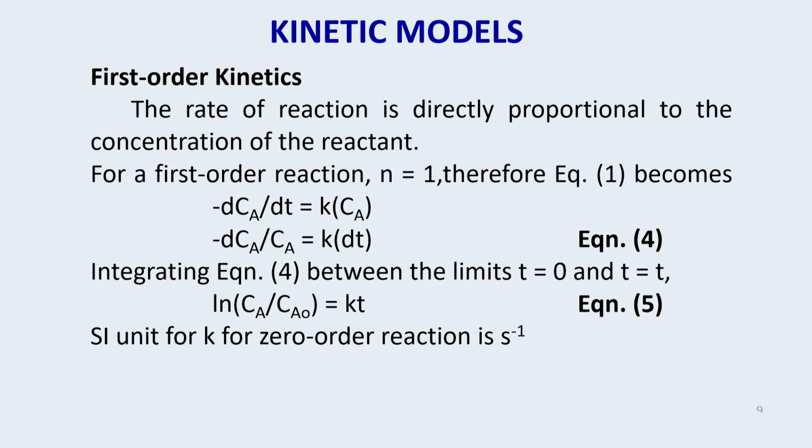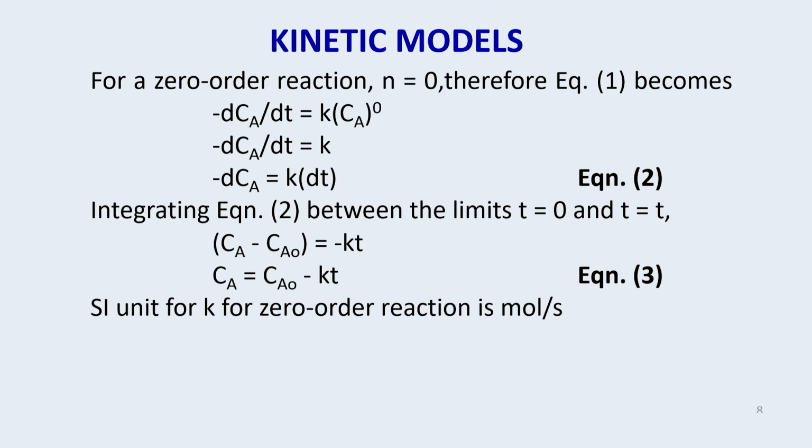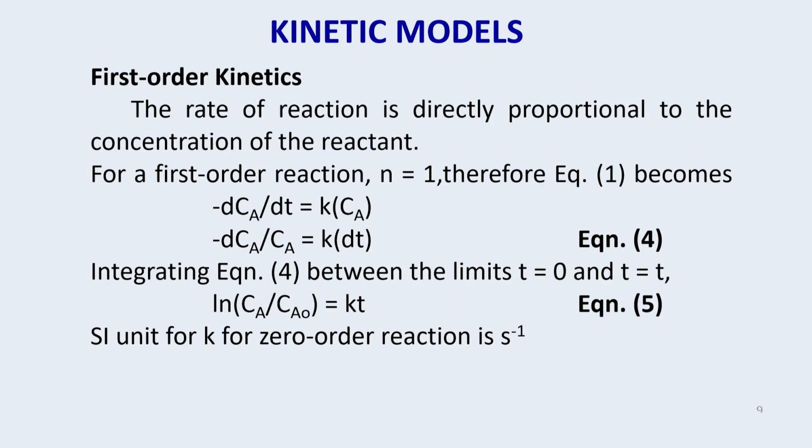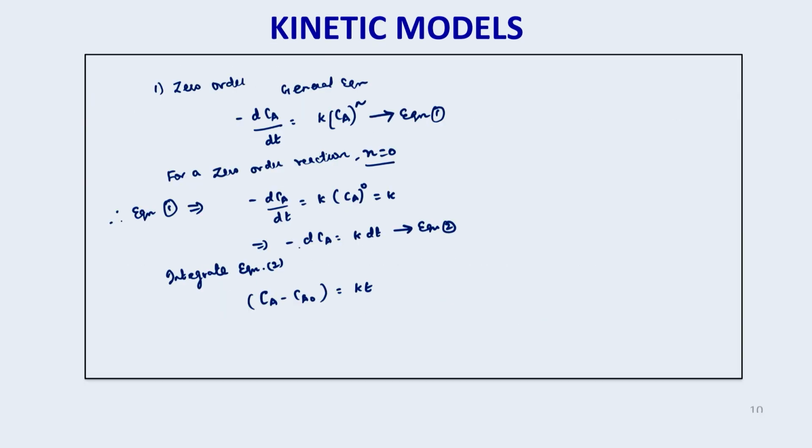Let me check. Of course, the minus sign will be there. So Ca minus Ca0 equal to minus kt.